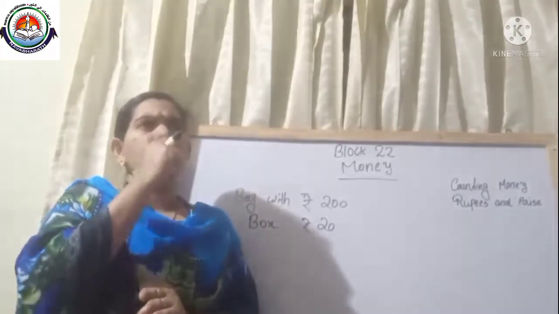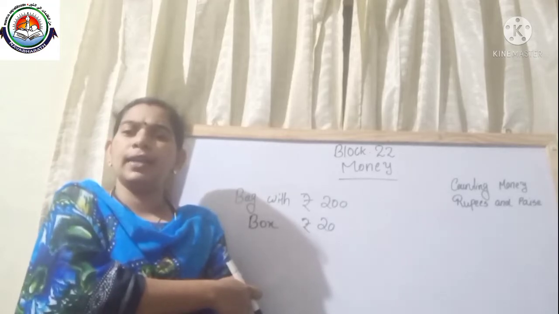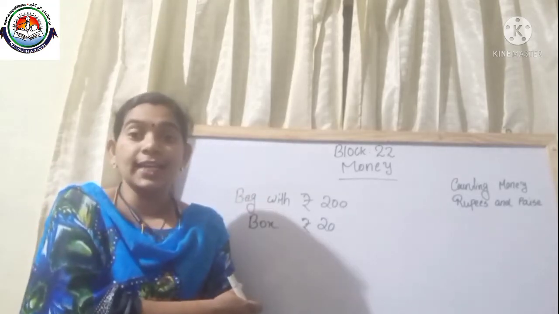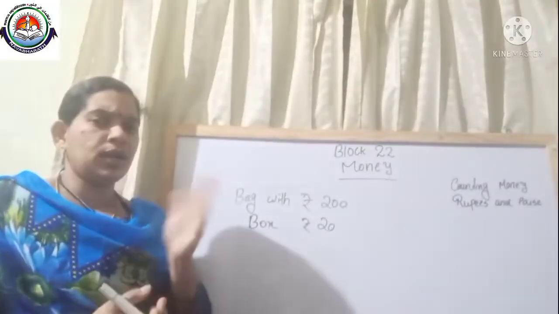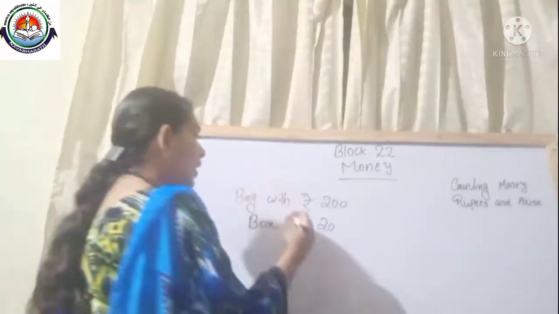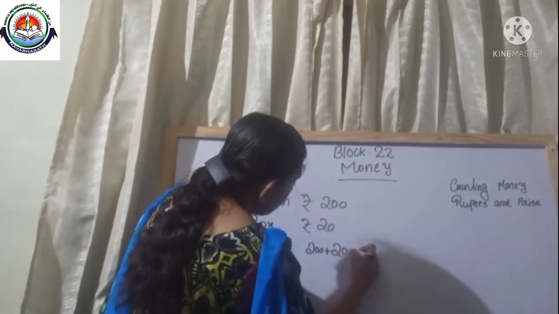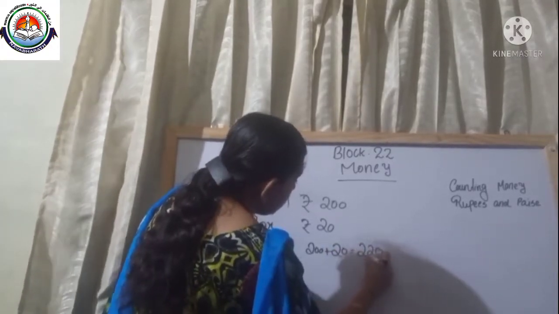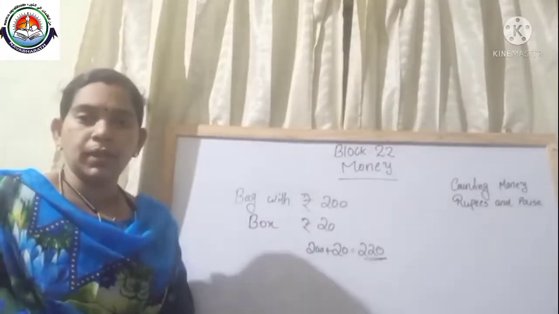Then how much money do I have to give the shopkeeper? It's addition. So how many rupees? You just find out 200 plus 20. 200 plus 20 is equal to 220 rupees. I have to give 220 rupees to the shopkeeper.